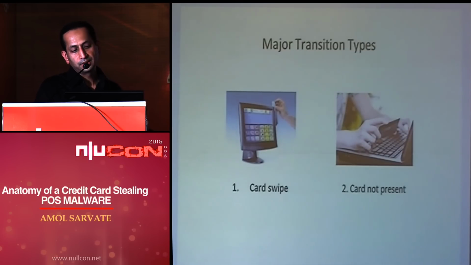So when you swipe the card, the CVV number on the magnetic stripe is used, and when you use it online, the CVV2, which is on the back of the card, is used. These two numbers are different. Your CVV number, like the one here, 139, is different from the one on the magnetic stripe. So we'll obviously focus more on the card swipe because that's where all the attacks happened last year.